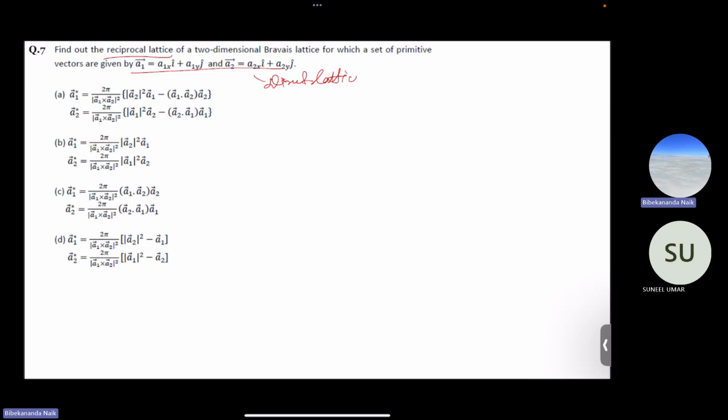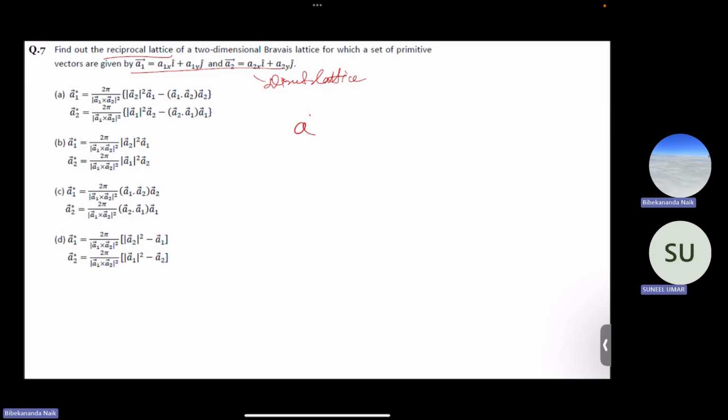These are the values of the lattice parameters in the reciprocal lattice, and these are in the direct lattice. So we will put in the formula and calculate a1 star and a2 star, and tell me what the correct expression will be. You know there is a formula for calculating the reciprocal lattice parameters from the direct lattice.